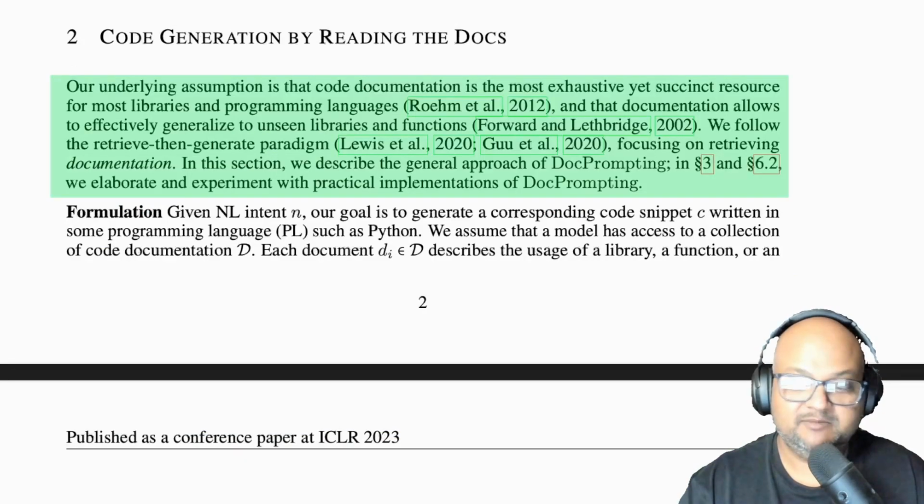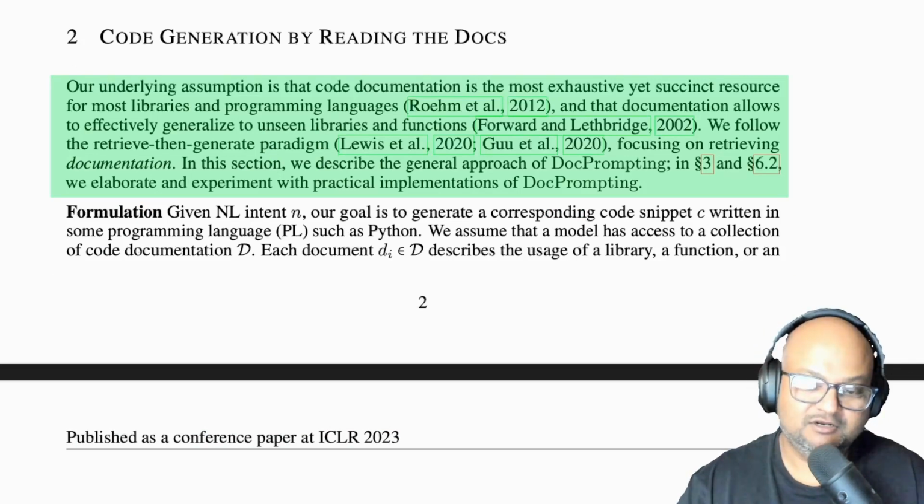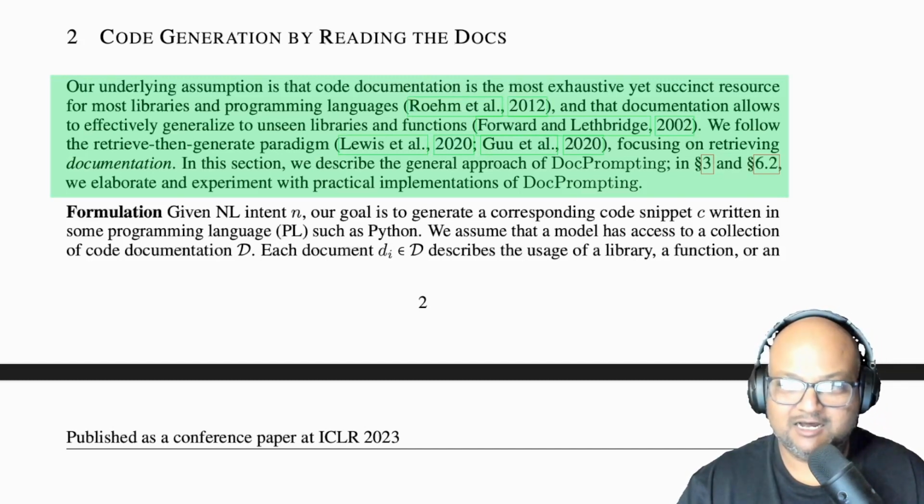And the claim is that this kind of documentation augmented code generation is going to solve the problem of generating code for new or unseen libraries, because the context that you're stuffing into the prompt will help the LLM generate code for all these new things.